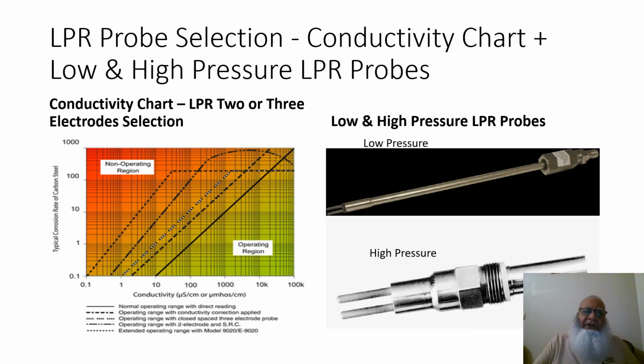It gives you the operating range and the non-operating range for the LPR probes, and also the operating range for the two electrode system and the three electrode system. On the right you see the configuration of the low pressure LPR probe and the high pressure LPR probe.